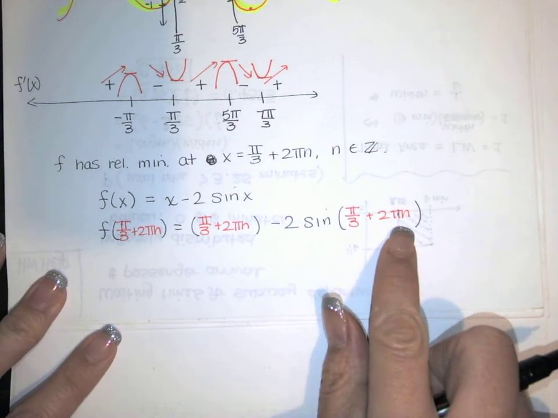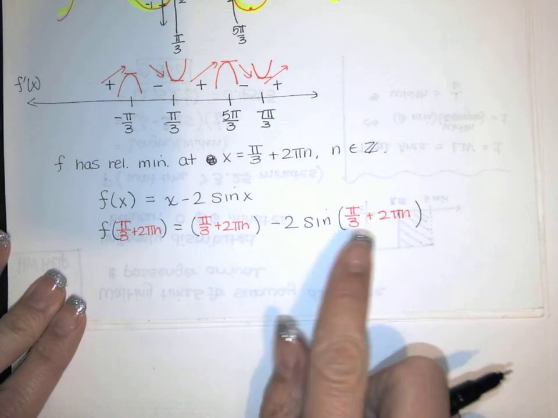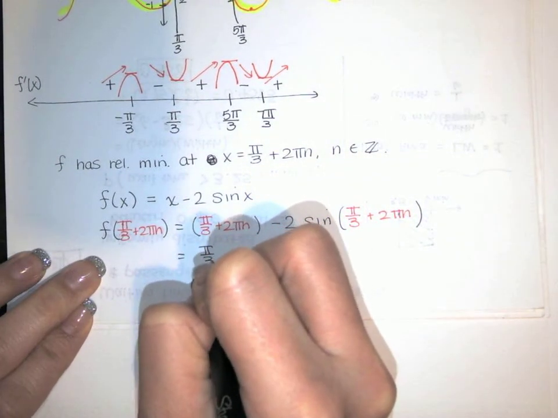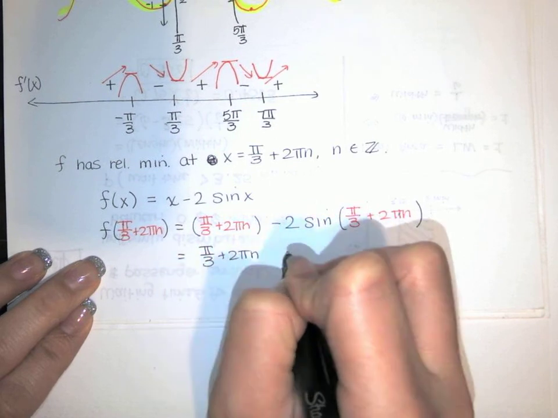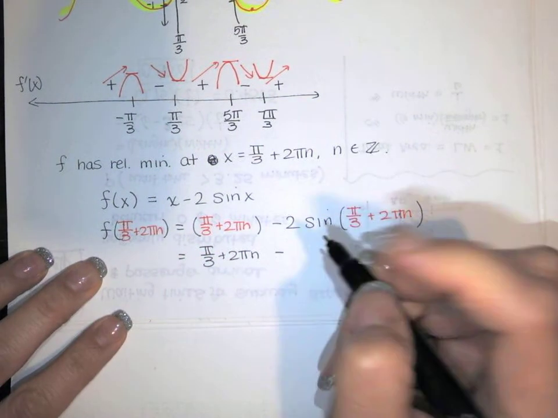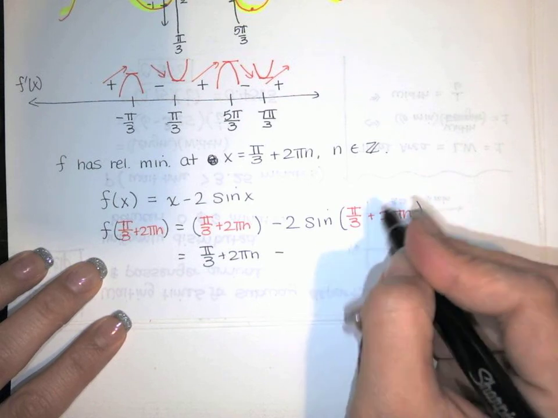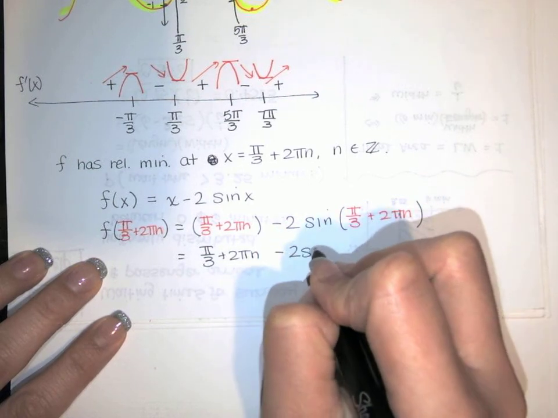Now, adding and subtracting 2 pi inside a sine function doesn't do anything. So this is the same as this, because sine is periodic. Every 2 pi, I get the same thing. So I don't really need this 2 pi n.